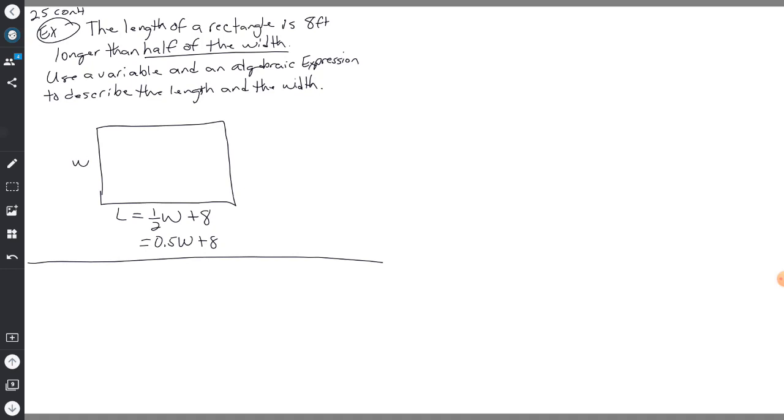Because you said half the width, so that's 1/2 W. The width is W, right? So half of the width is 1/2 W, and then 8 feet longer is plus 8. So we're looking at the length in particular for this.